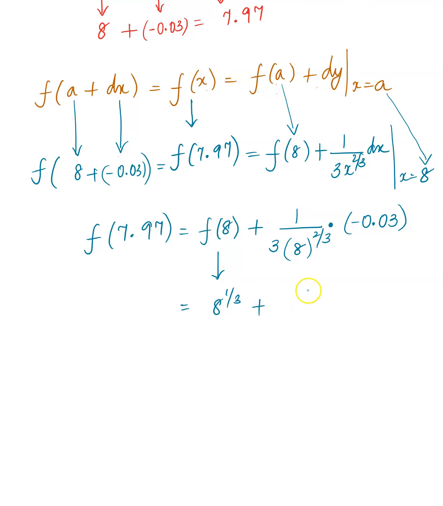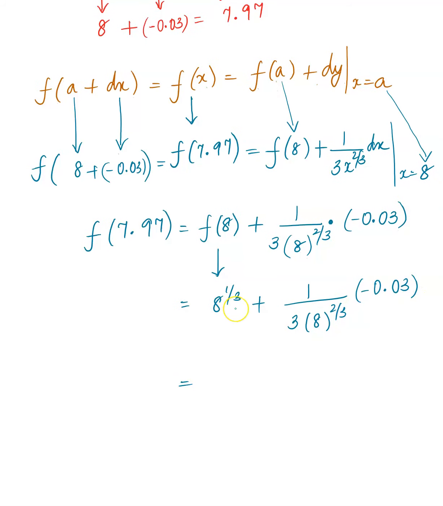Let me do one more step slowly. All right, 8 power 1 over 3 is the same as the cube root of 8, which is 2, plus 1 over 3 times 8 power 2 over 3. I want you to try and do this without a calculator, at least up to this point, so you understand the way it works behind the scenes. 8 power 2 over 3 is the same as the cube root of 8, squared, right?